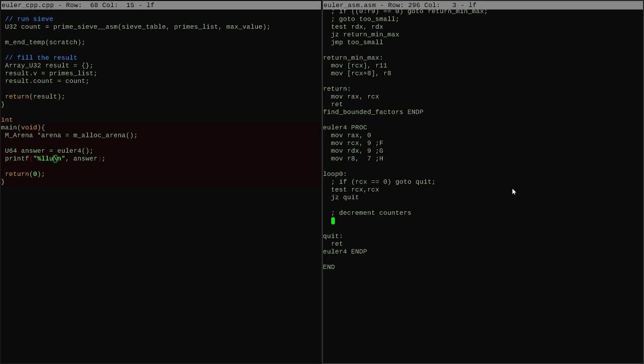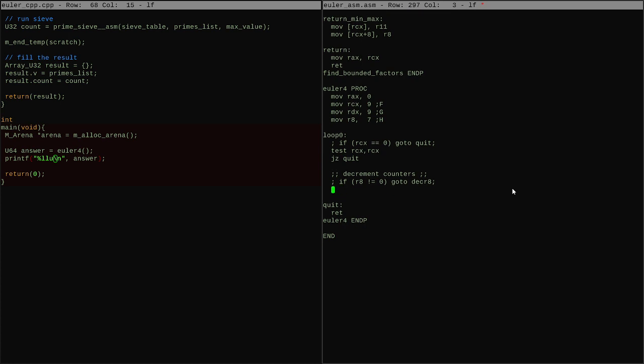So it'll be like this. If R8 equals 0, go to dec R8, otherwise it falls through. So that'll be like this.